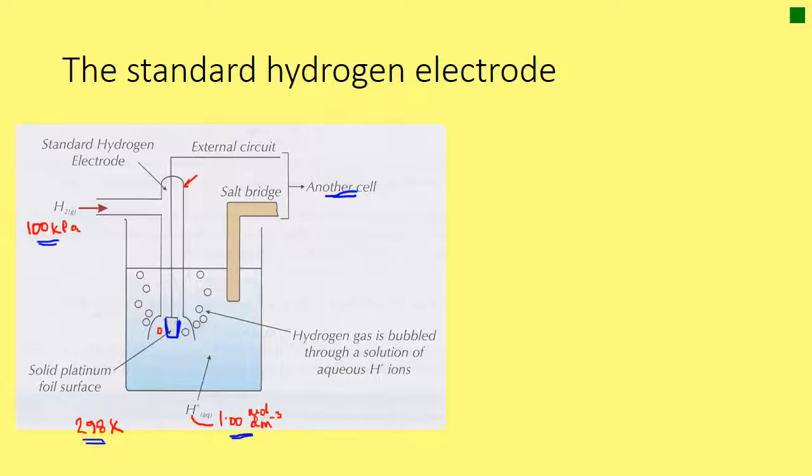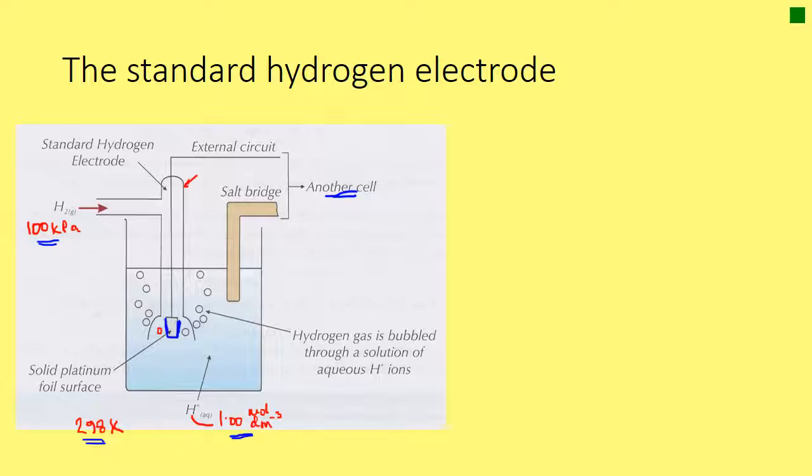So let's write that down there. 100 kilopascals is the standard pressure, so it's pumped in at 100 kilopascals, and it bubbles into a solution of hydrogen ions, and the hydrogen ions and any other solution needs to be 1.00 mole per decimeter cubed concentration.